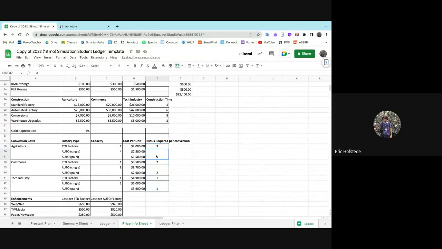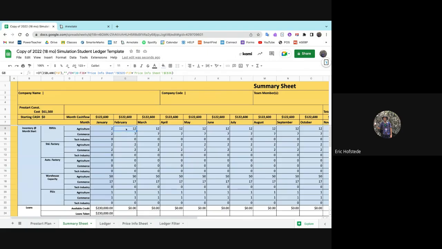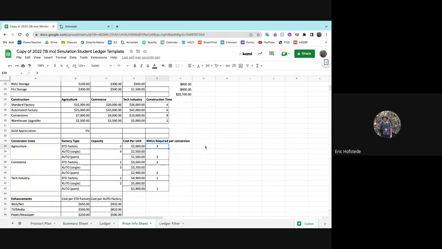So my agriculture, regardless of standard or auto, single or pairs, takes 3 RMUs. And I have 12. So we can just do a quick calculation, right? What is 12 divided by 3? It's going to be 4 conversions.